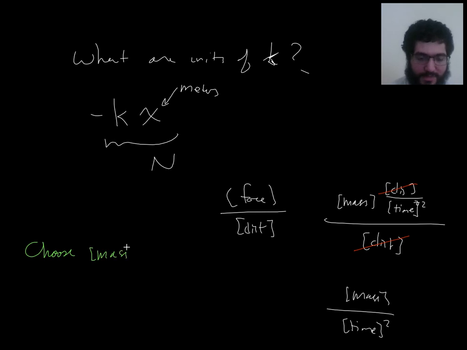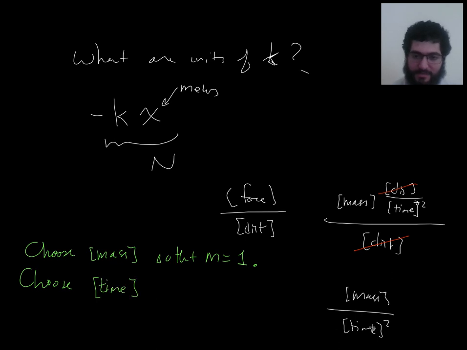This means choose the units of mass so that m, the mass at the end of the spring in our specific system, is actually 1. Choose units of time. You see, there's no distance here. So this is the units of k. Units of mass are now fixed. They're chosen to make m be 1. So now I have to choose the units of time. So it cannot necessarily be seconds. Choose units of time so that k equals 1.